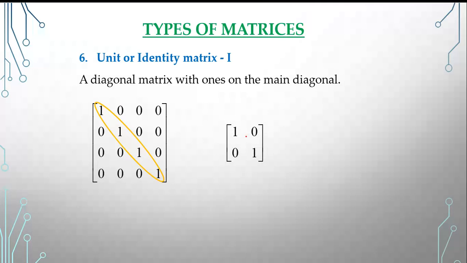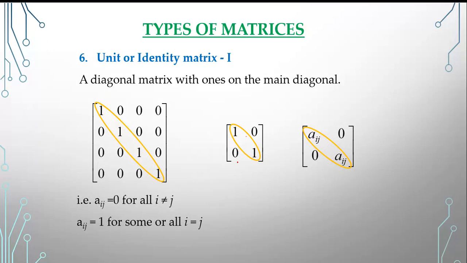Suppose we have this, so here our diagonal elements are 1, 1 and non-diagonal elements are 0. So we can say that aij should be equal to 1 for i equal to j and non-diagonal elements are 0. So this is the identity matrix.